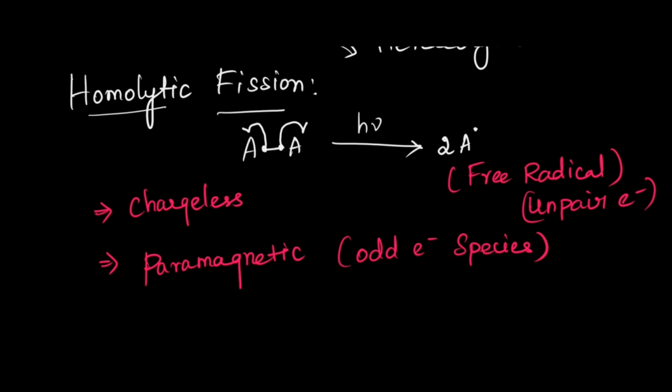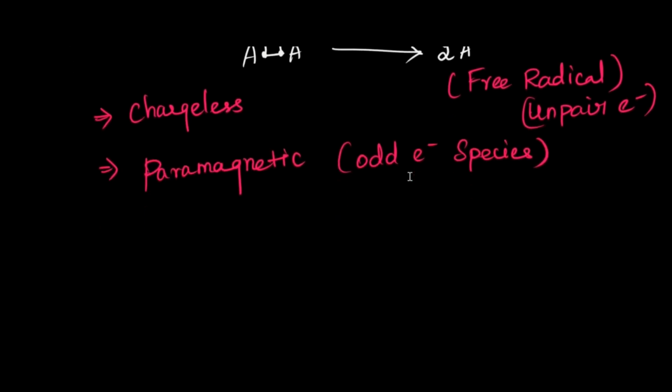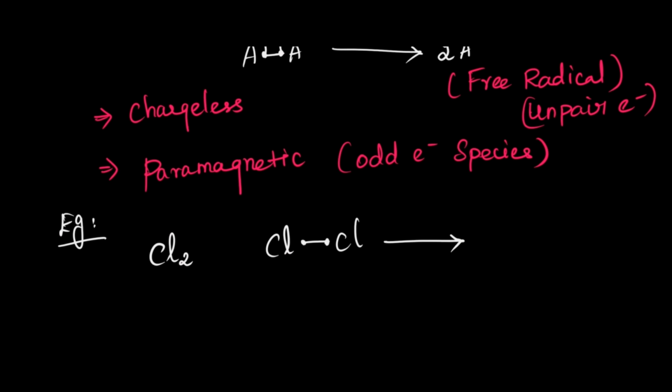Any example we encountered in our reactions? Yes. I'll give you an example of Cl2, which can be written as Cl bond Cl. Each one of those electrons will be taken by a Cl.